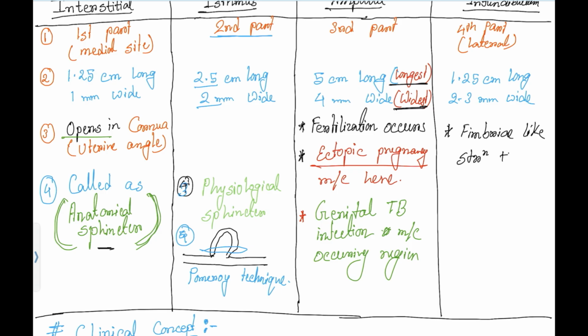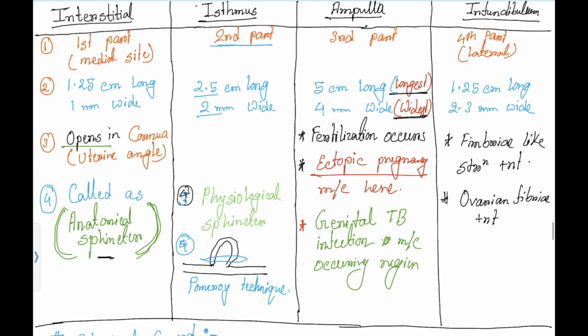One of these fimbriae becomes longer, and it is called the ovarian fimbria. The ovarian fimbria's function is to take up the secondary oocyte or ova and send it towards the ampulla region. So those are the parts of your fallopian tube: interstitial, isthmus, ampulla and infundibulum.